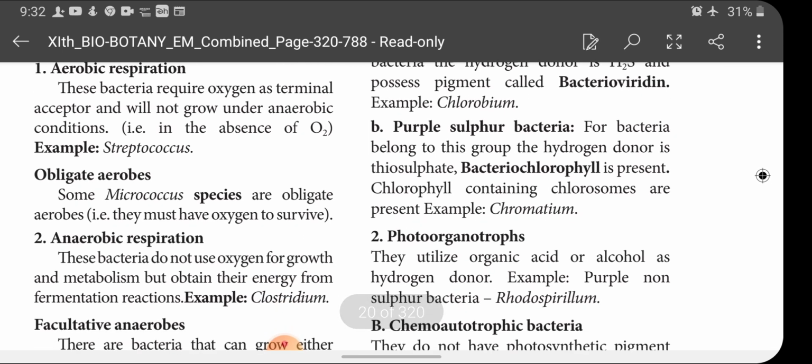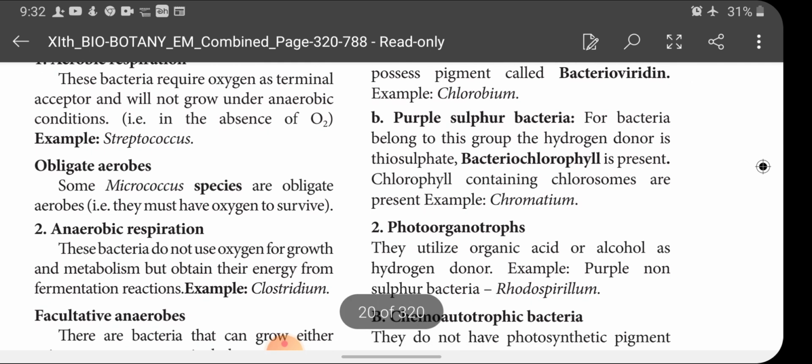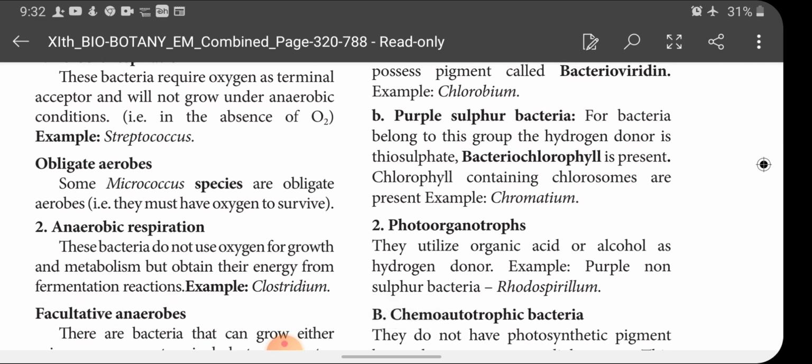For bacteria belonging to this group, the hydrogen donor is thiosulfate and the pigment present is called bacteriochlorophyll. Chlorophyll containing chlorosomes are present, example Chromatium. Next one is photoorganotrophs. They utilize organic acid or alcohol as hydrogen donor, example purple non-sulfur bacteria, Rhodospirillum.